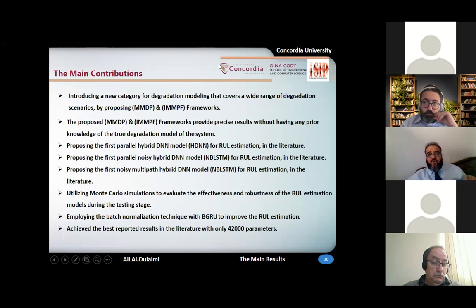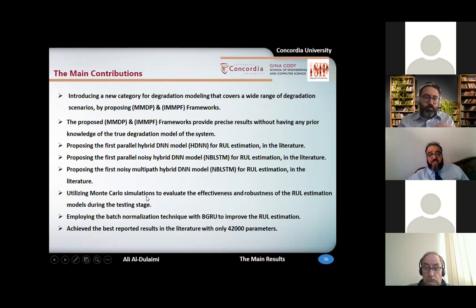The main contribution of this thesis is basically introducing a new category for degradation modeling that covers a wide range of degradation scenarios by proposing two models, the MMDP and the IMMPF, and proposing for the first time the hybrid deep neural network model, the noisy hybrid deep neural network model, and the noisy multipath hybrid deep neural network models for RUL estimation in the literature.